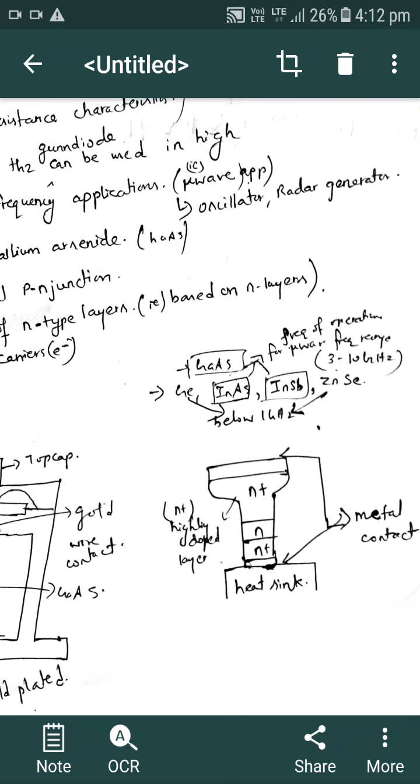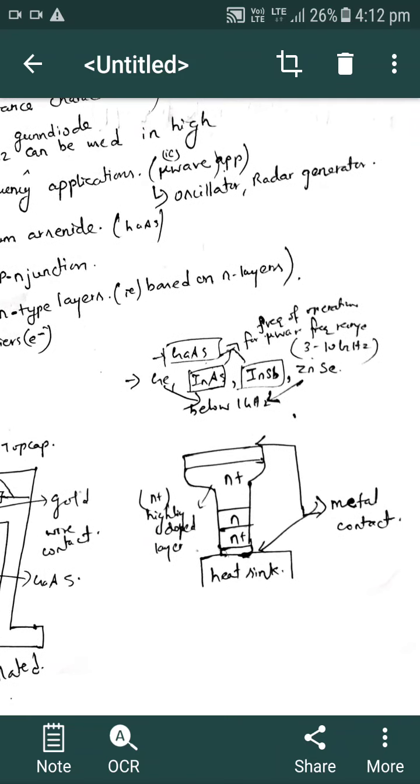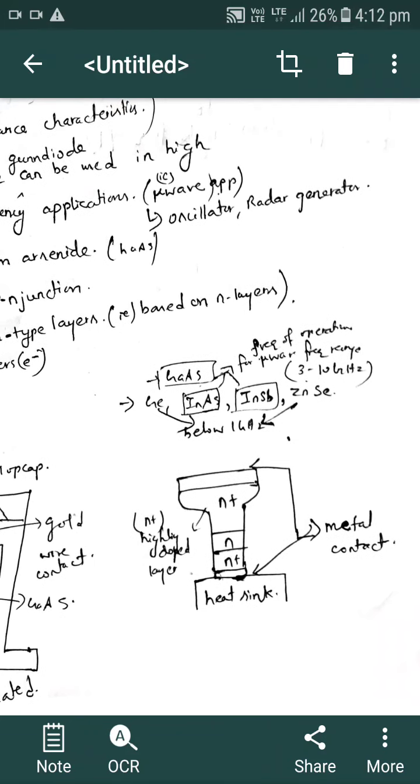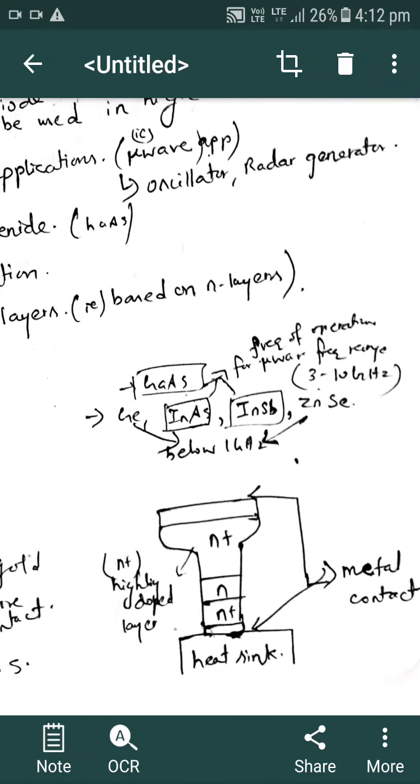And there is a heat sink for heat dissipation, to cool down. Instead of gallium arsenide we can use zinc selenide or indium arsenide, like that.